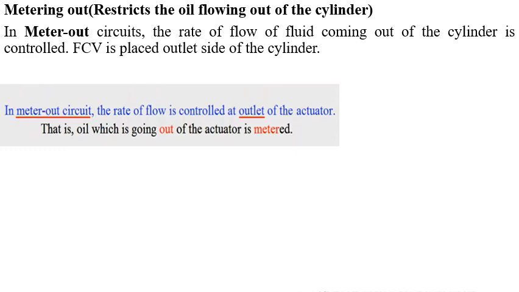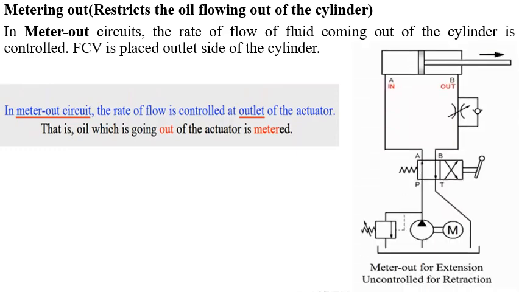The flow control valve is placed on the outlet side of the cylinder. The oil going out of the actuator is metered or controlled.